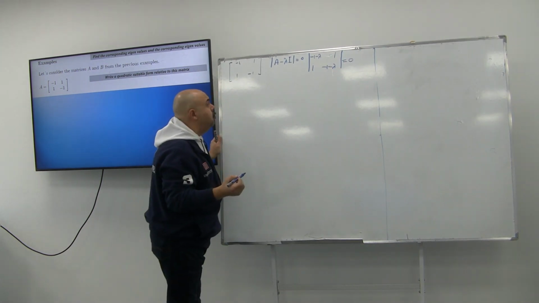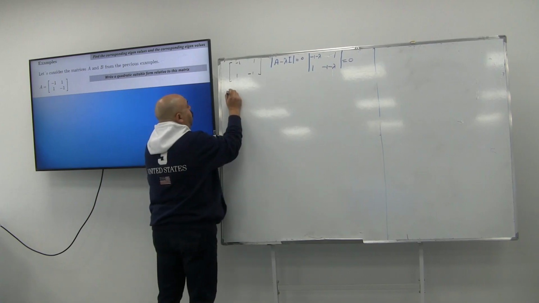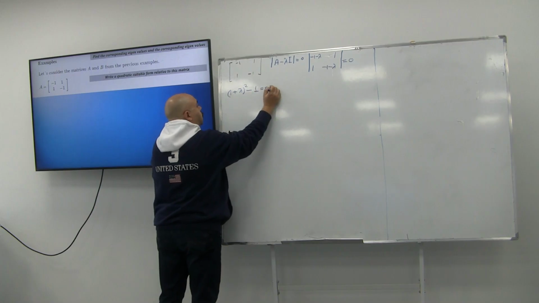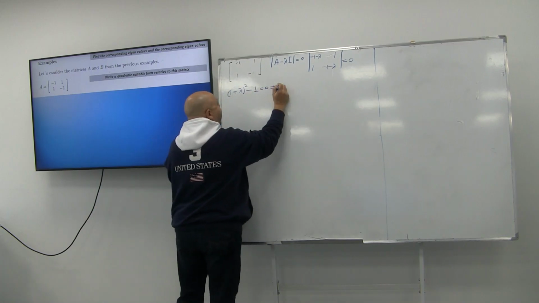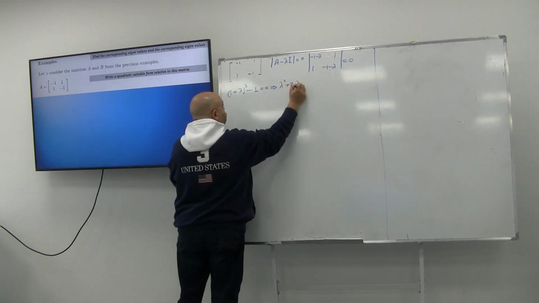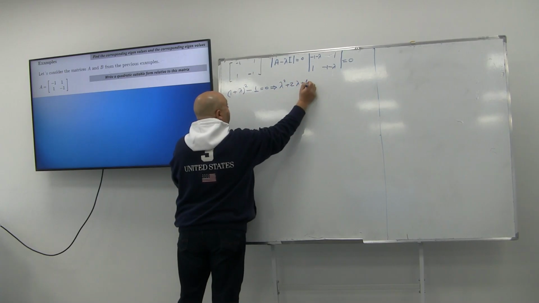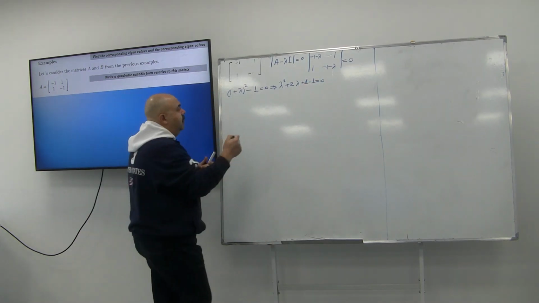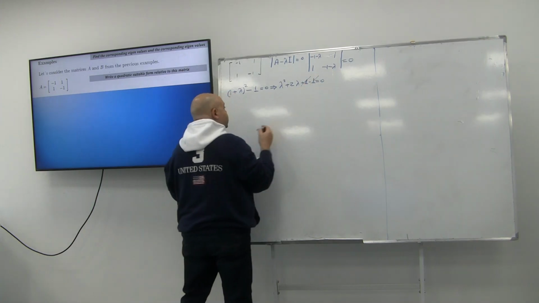Once you do so, you will have (1 plus lambda) to the power of 2 minus 1 equal to 0, which is going to result in lambda squared plus 2 lambda, plus 1 minus 1 equal to 0. These two elements will be cancelled together easily.